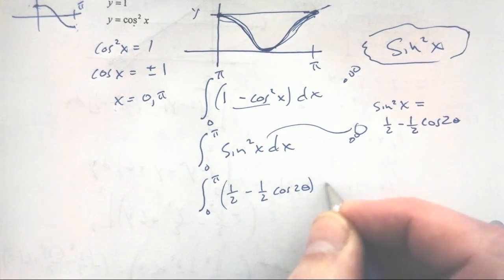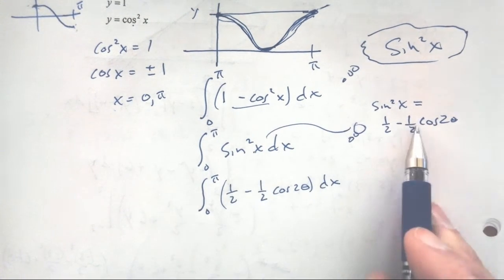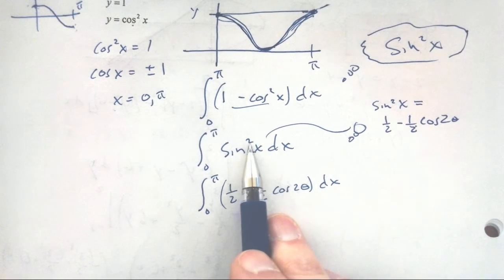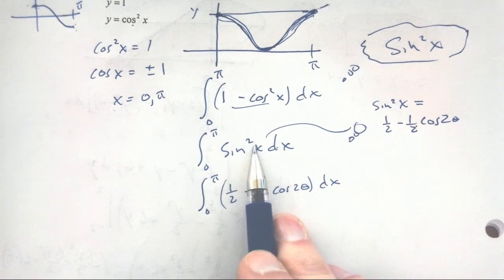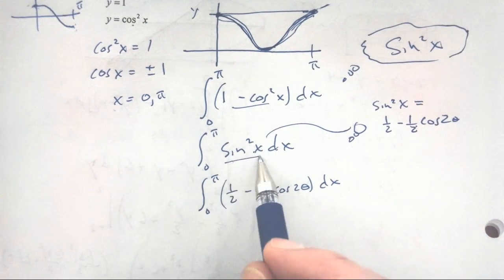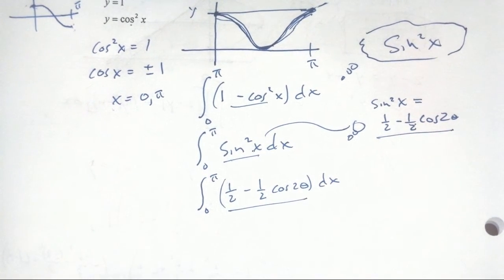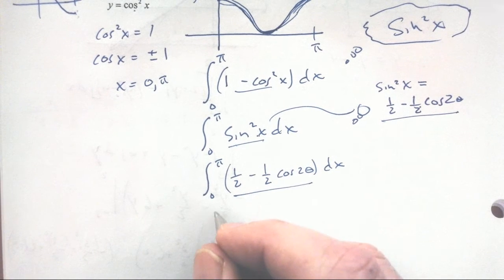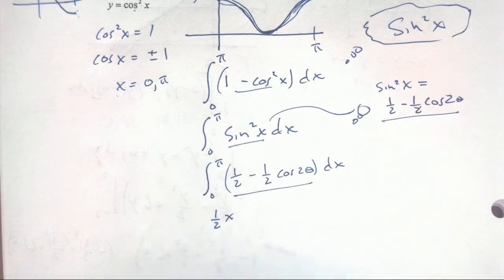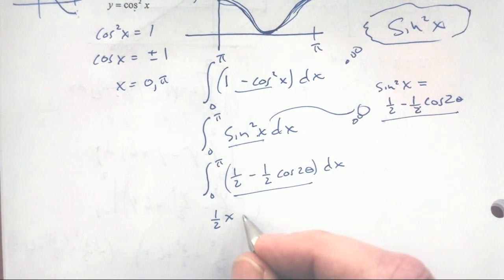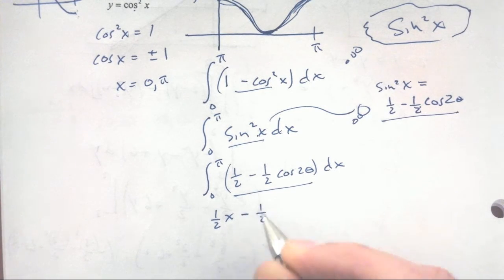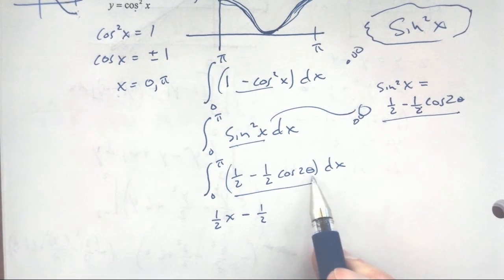Now I have seen this happen. Because we change from here to here, some people kind of interpret, and we're in calculus, they say, oh, the integral of this is this. Nope, this is that. We still have to integrate that. So what do I get? I get 1/2 x minus, let's see, 1/2. What derivative would get me to cosine of 2 theta?